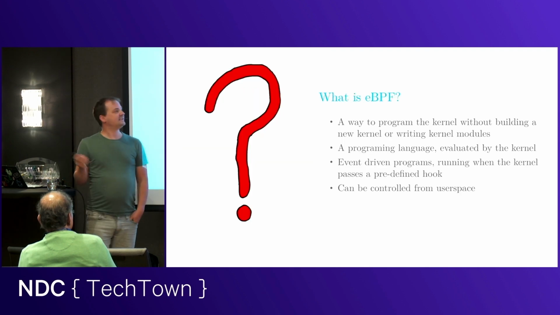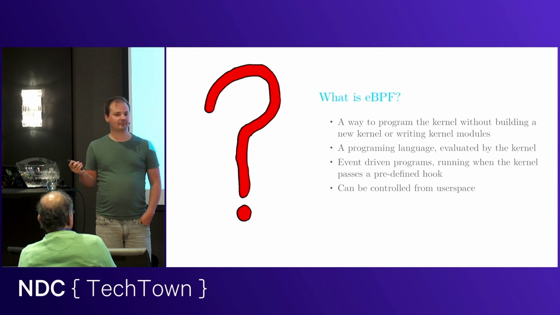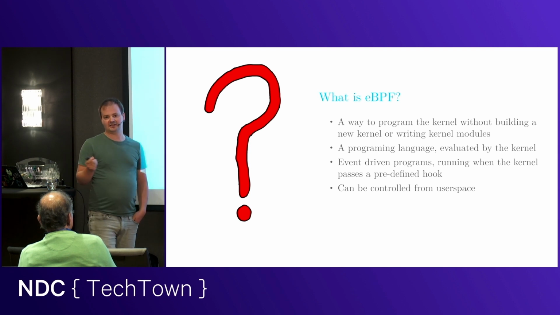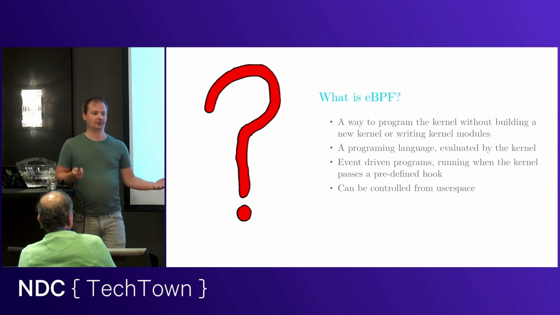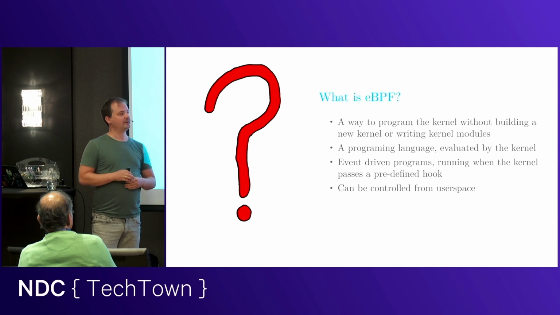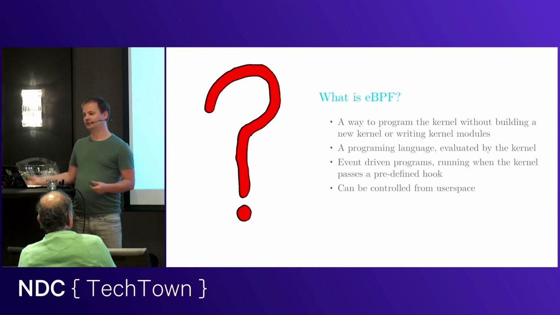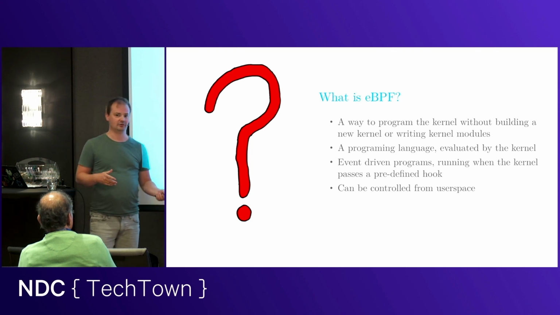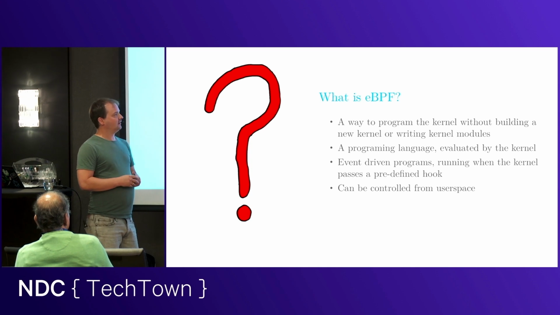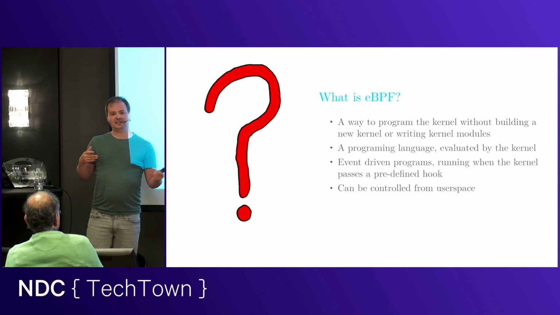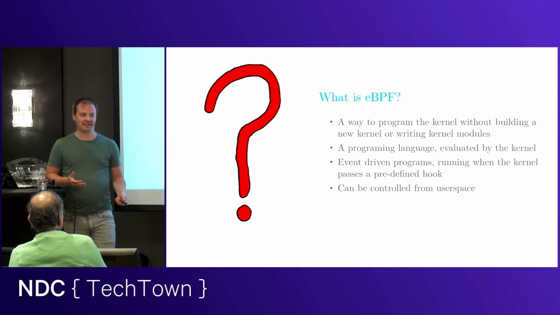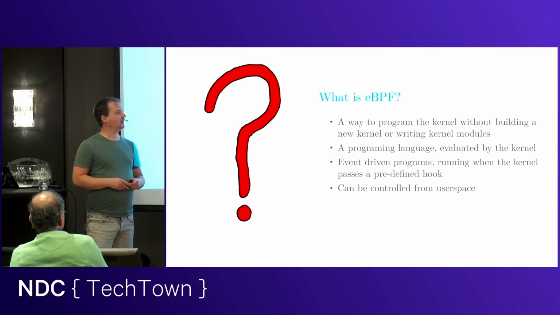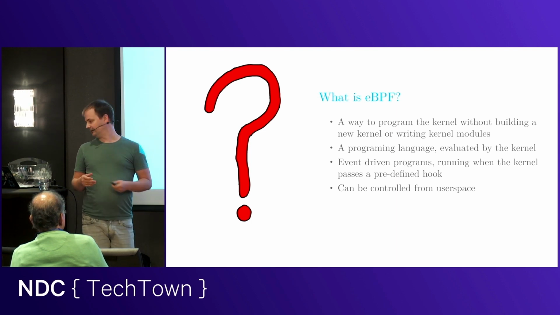So what is eBPF? The short of it is there's a way to program the kernel without modifying the kernel source code or any kernel module source code. eBPF in itself is also a programming language, and the programs that you make with it are event-driven.